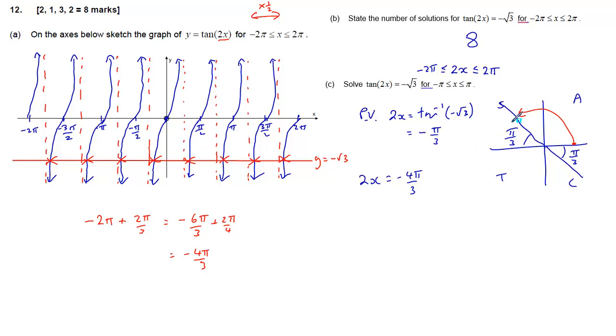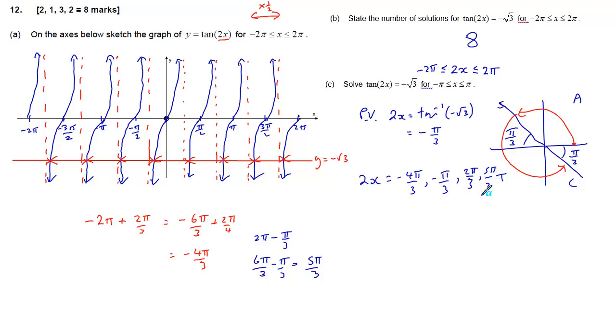Then the next one that we reach is the negative pi by 3 that we had as the principal angle. And then the next one is going to be the next time we get to here. Well, that will be 2 pi by 3. And then the final one is pi by 3 before we get to 2 pi. So 2 pi take away pi by 3. 6 pi by 3 take away pi by 3 is 5 pi by 3.